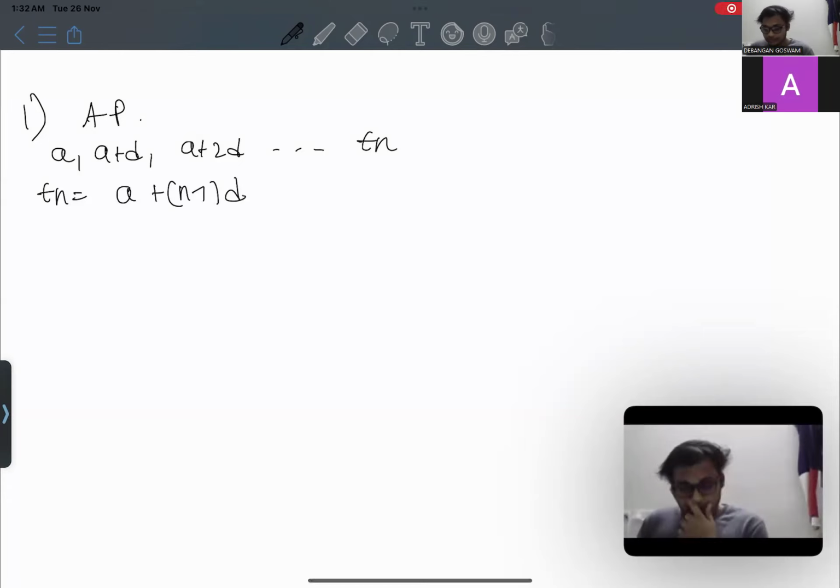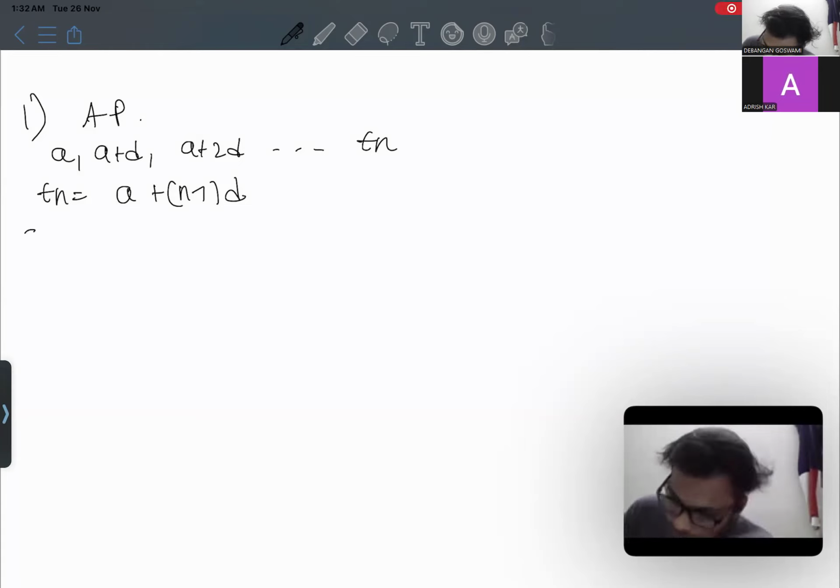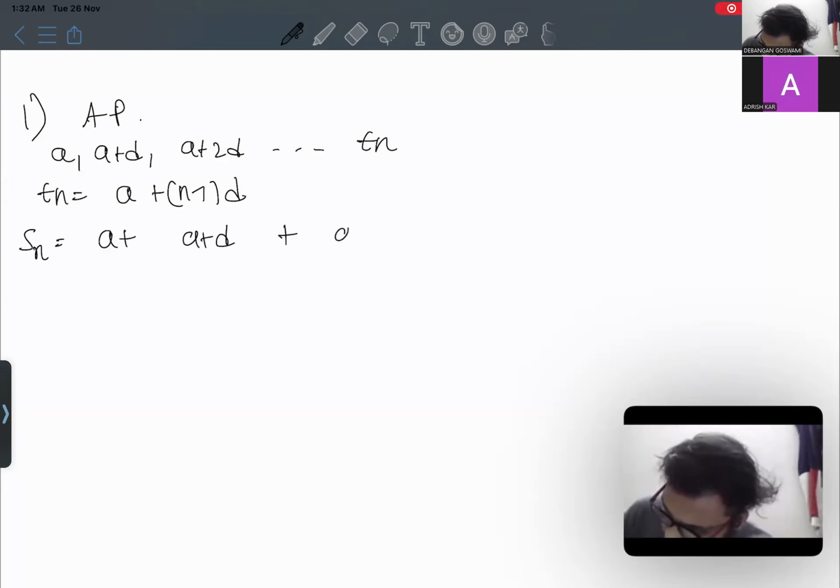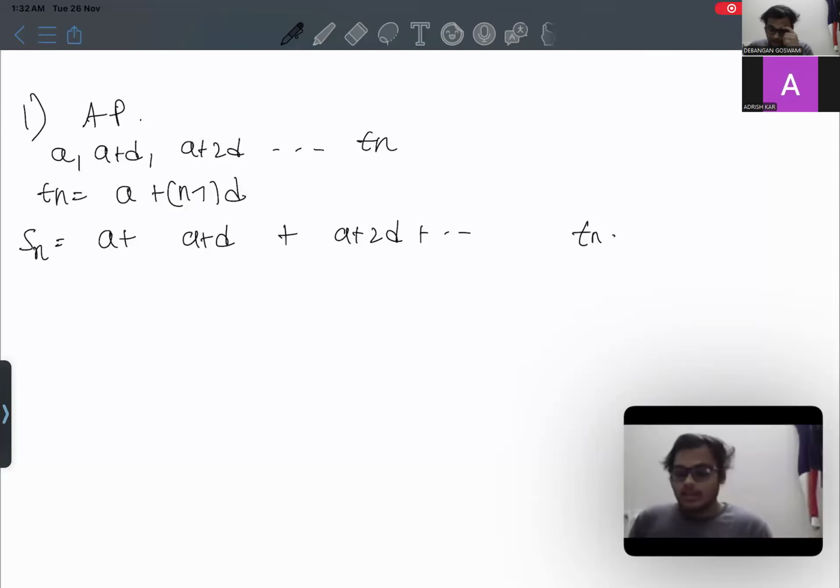Right? So let's try to find the sum of the terms of this progression. Sn can be written as A plus (A plus D) plus (A plus 2D), and so on till the nth term. Right, guys? Now, I'll teach you a trick here. To find the sum, we'll rewrite the sum again, but in the opposite order, starting from the last term till the first term.